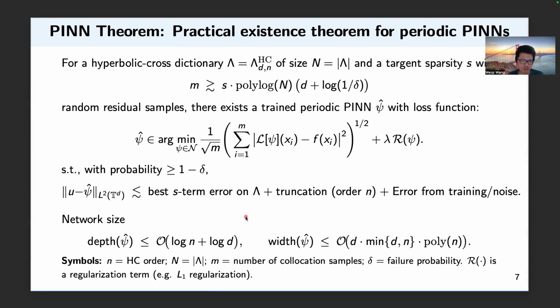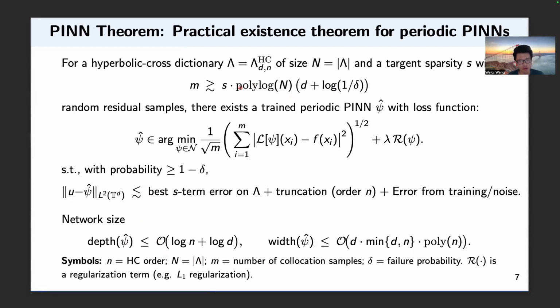So I can just go through the symbols. The S is the number of important frequencies we need, the sparsity. The N is how many frequencies we allow overall, I mean, the cardinality of the index set lambda.